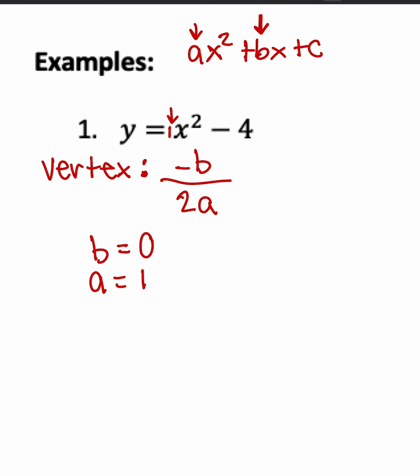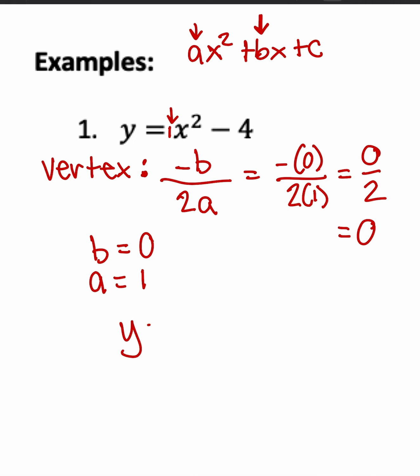So to find our vertex, we're going to plug in negative b over 2a, and 0 divided by anything equals 0. So that is our x-coordinate for our vertex. Now we're just going to plug that 0 in to find our y-coordinate. So I've got y is equal to that x value we just found, plugged in for x.